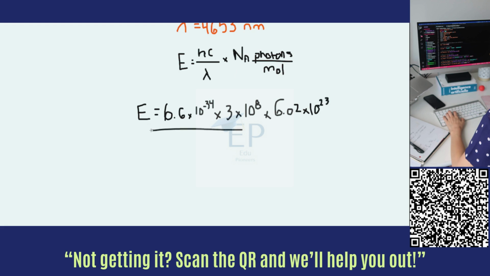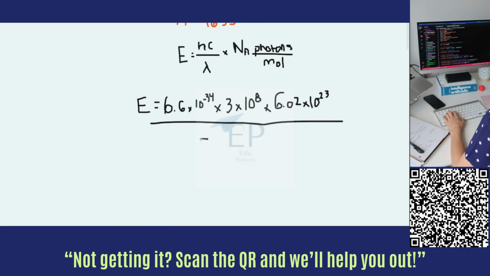And then we're going to divide this by our wavelength, which we said was 7,453 nanometers. So we know that our speed of light is in meters, so we want our wavelength to also be in meters. So since this is in nanometers, we're just going to go ahead and multiply that by 10 to the negative 9th.